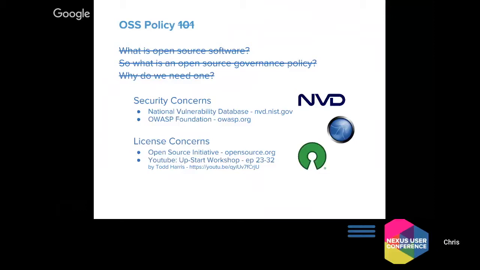I also found a web series on YouTube called the Upstart Workshop by Todd Harris. You can just Google that or follow that link. He does a really good job of explaining open source licenses and copyleft requirements. Otherwise, you can also check Jerry's talk from earlier, where he did a really good job working through that. So those are some resources to get started.